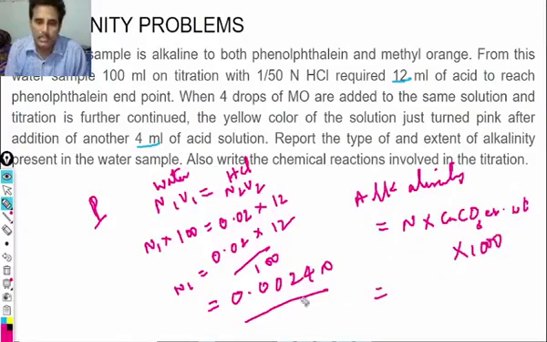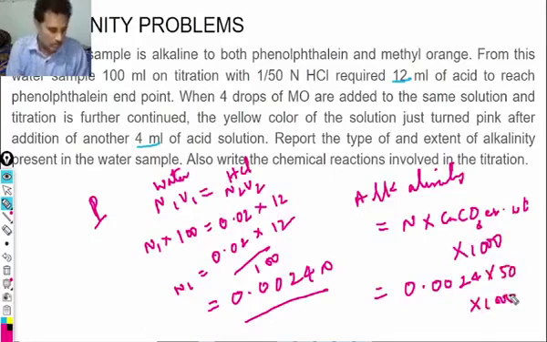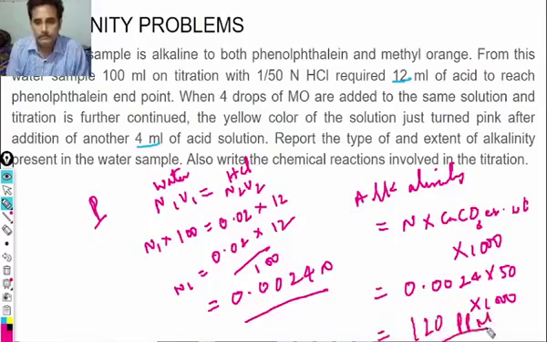So normality 0.0024 into 50, the calcium carbonate equivalent weight, into 1000 will give 120 ppm phenolphthalein alkalinity.